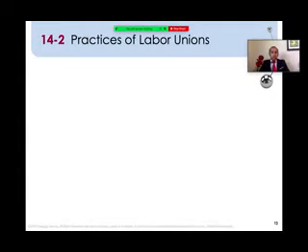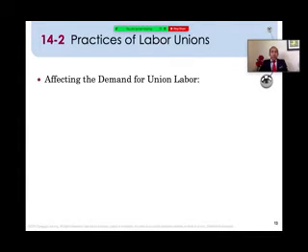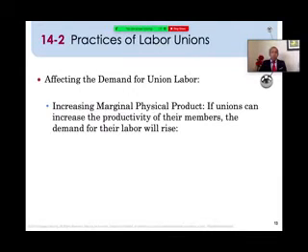So what are some of the practices of labor unions? Labor unions continue to affect the demand for labor and for union labor by potentially increasing the marginal physical product of the product that they're producing.